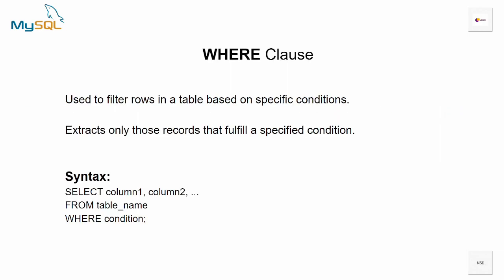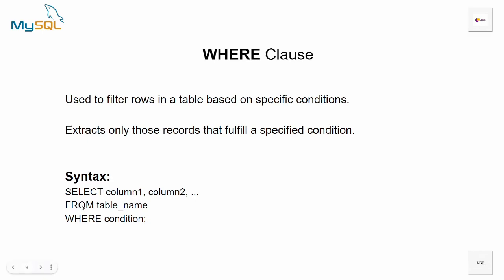The where clause is used to filter rows in a table based on specific conditions. It can help you to extract only those rows that fulfill a specified condition or conditions. The syntax is like so. You have select, then you specify the columns that are up for consideration.